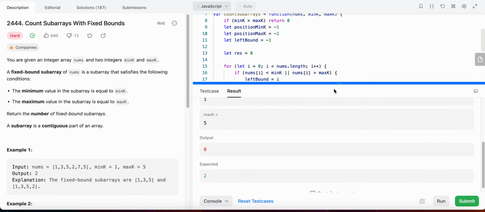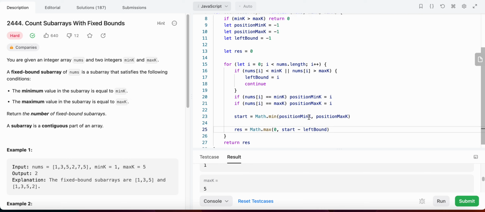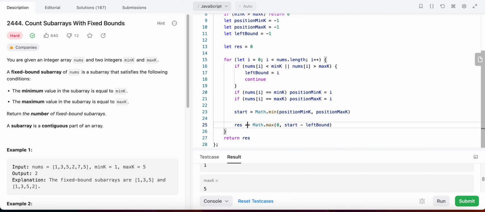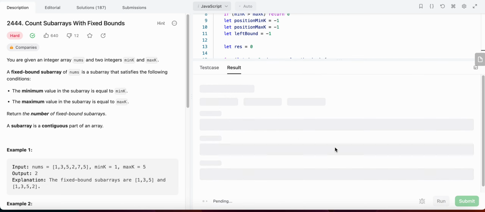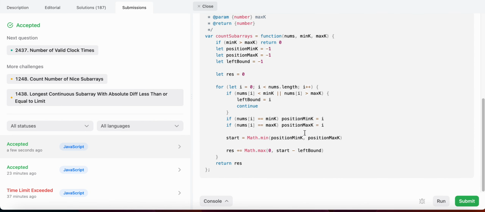All right, we got an. Oops. So we have to update this by +1. Cool. Let's submit our code. Awesome. So now the time complexity, as I already told, is O of n, and space complexity is constant.